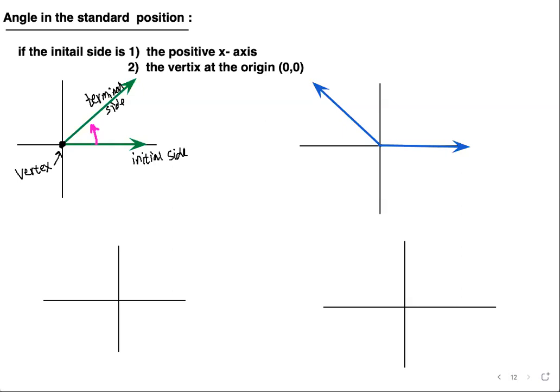Because the initial side is on the positive x-axis and my vertex is (0, 0). Here is the vertex, and this is my initial side. This is the vertex, and this is my terminal side.